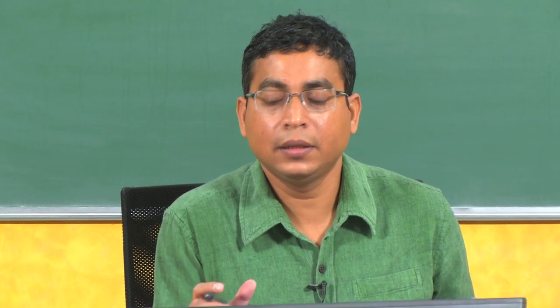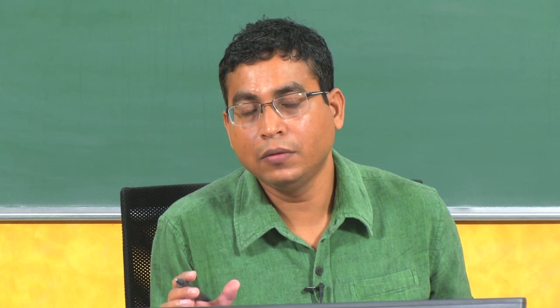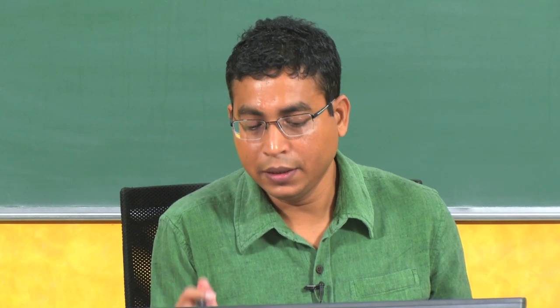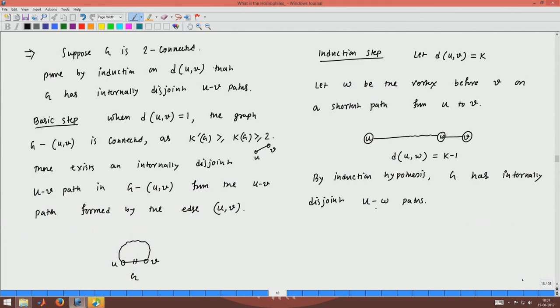So we will assume that there are internally disjoint paths between a pair of vertices which are at distance k minus 1, and then we use this fact to prove that there are internally disjoint paths between a pair of vertices which are at distance k. So by the induction hypothesis, G has internally disjoint uw paths P and Q.